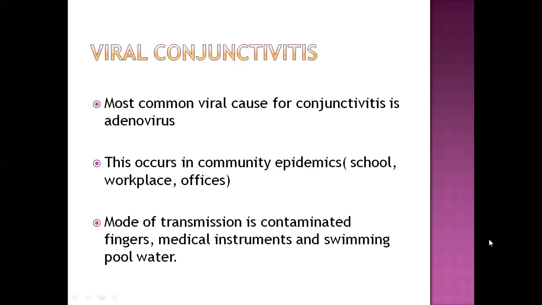It is also found as an epidemic in some geographical areas. The most common viral cause is adenovirus. This occurs in community epidemics, and also can occur in schools, workplaces, and offices. Mode of transmission can be contaminated fingers, medical instruments, and swimming pool water.